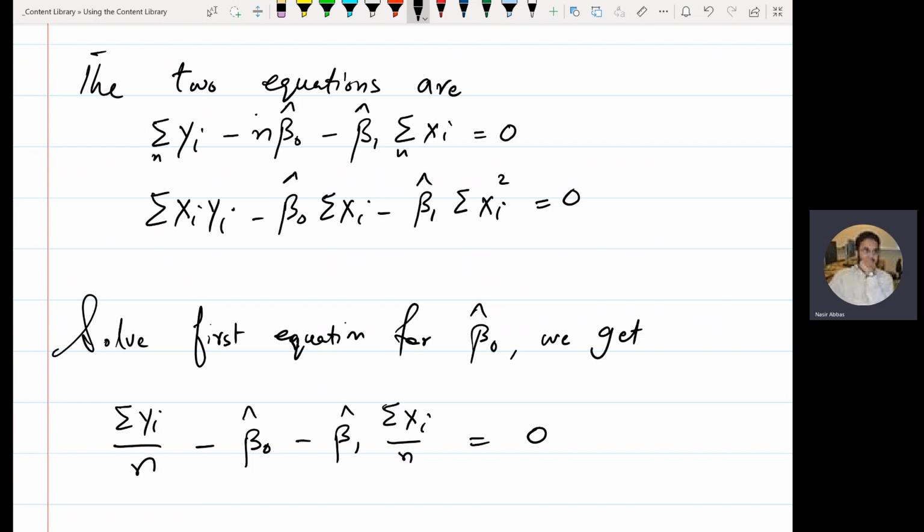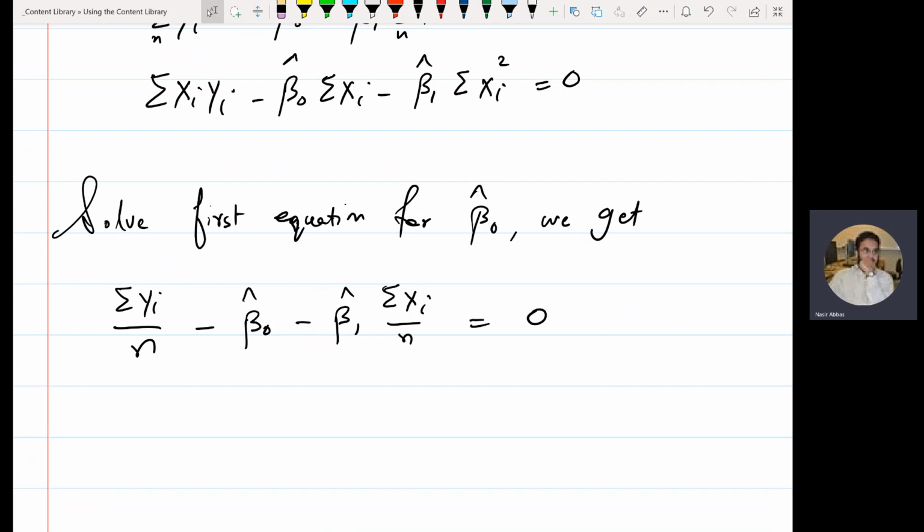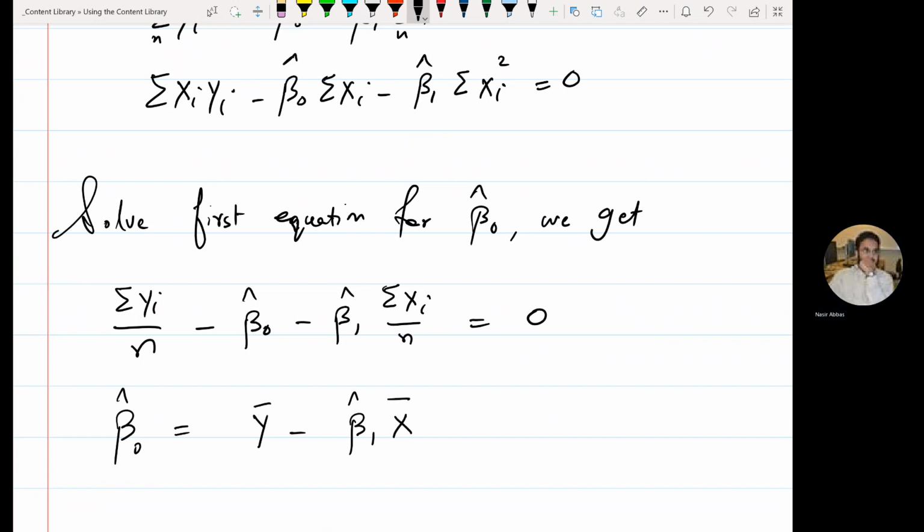What is summation y over n? The mean, y bar. What is summation x over n? X bar. So I take beta naught hat to the other side. I will have beta naught hat equals y bar minus beta 1 hat times x bar. And you have seen this equation for the estimated intercept.